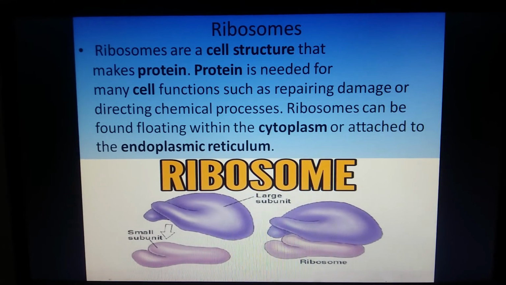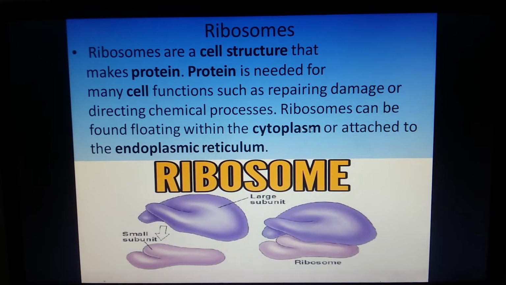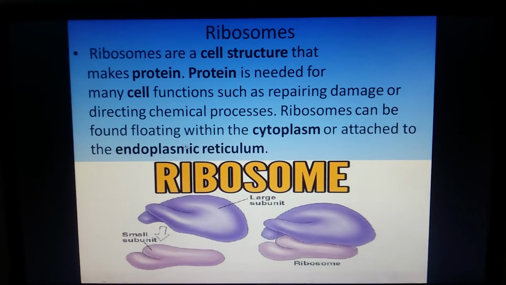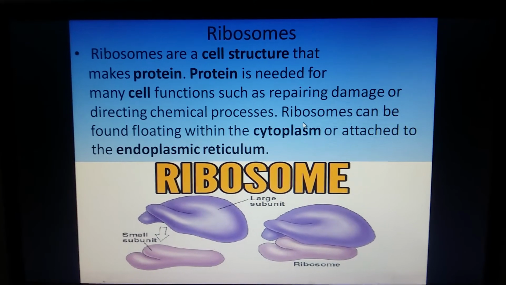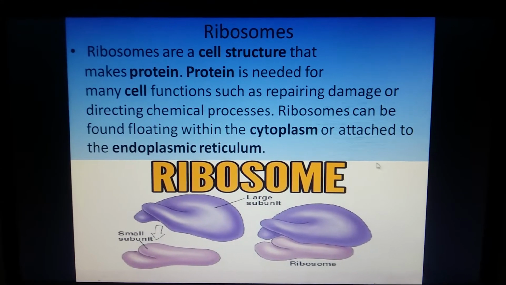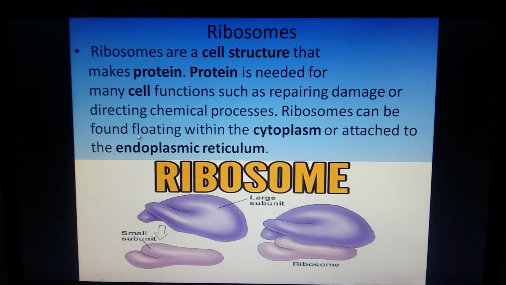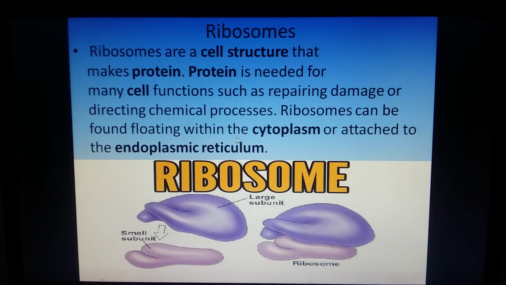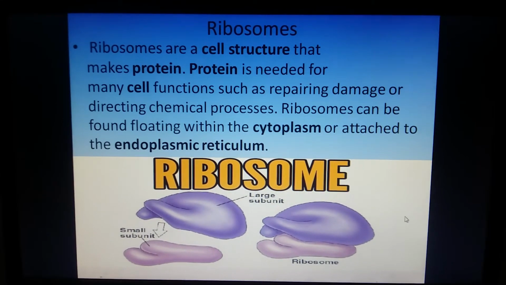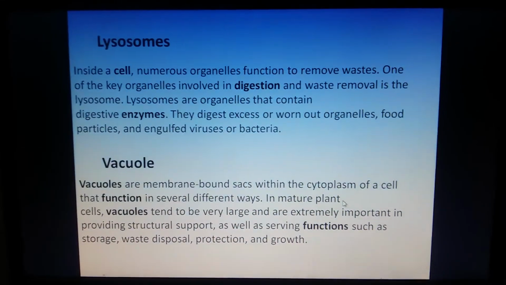Ribosomes can be found floating within the cytoplasm or attached to the endoplasmic reticulum. When ribosomes are freely floating in the cell, they are called free ribosomes, and when they get attached to the endoplasmic reticulum, it is called rough endoplasmic reticulum. So ribosomes are the structures that make protein.